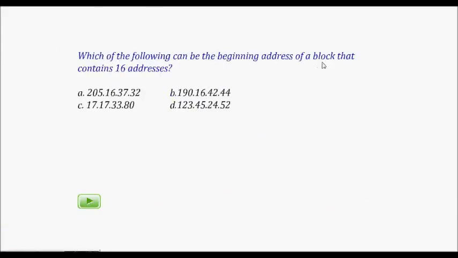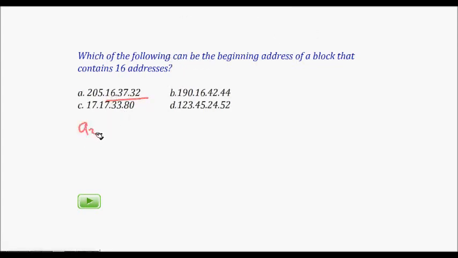Which of the following can be the beginning address of a block that contains 16 addresses? If you have 16 addresses in the block, the beginning address should be divisible by 16. So this question now becomes very simple with the previous idea.